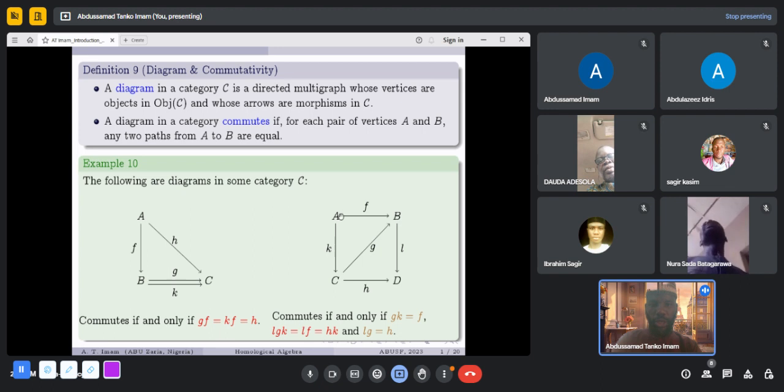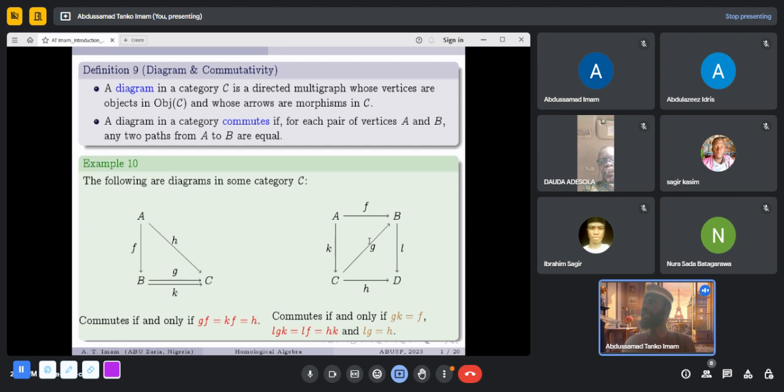You can travel K, G, and F. So K composed with G should be equal to F. Likewise, you cannot travel from B to C in this graph. You can travel from B to D in only one way, but from C to D is possible in two ways. Therefore the composition GL should be equal to H. So all these compositions should be equal for that diagram to be commutative. That is what we mean by commutativity of the diagram.